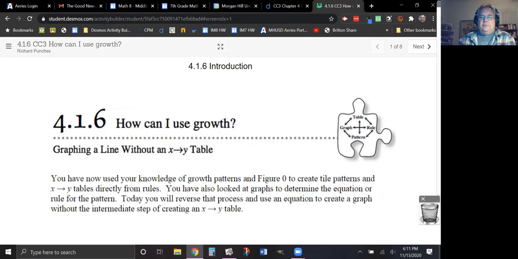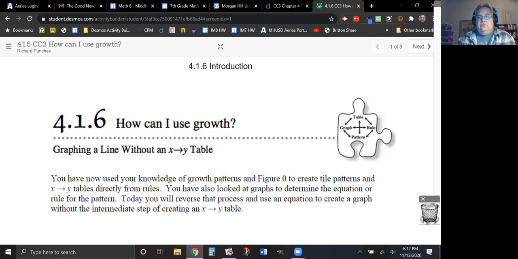And then you try to graph them and make your straight line. Well, there's something more powerful, and it comes from the pattern that we've been generating with the growth rate and figure 0 information that we've learned about throughout this chapter.